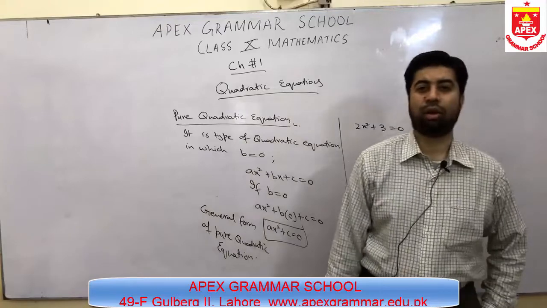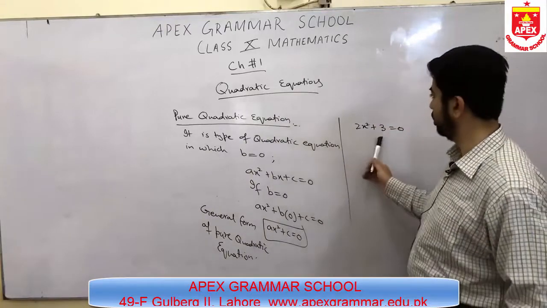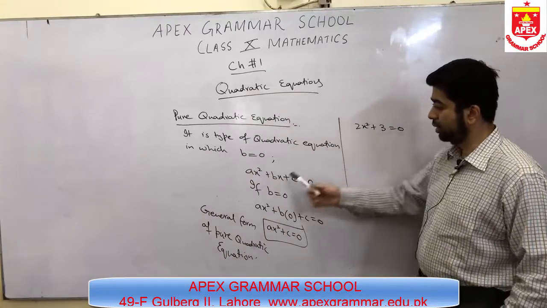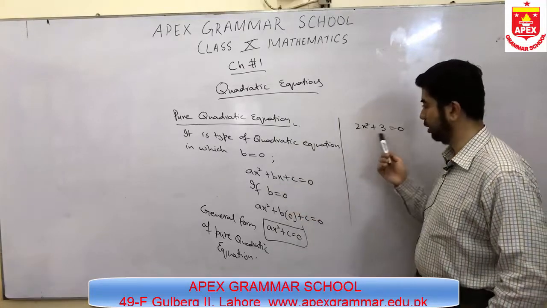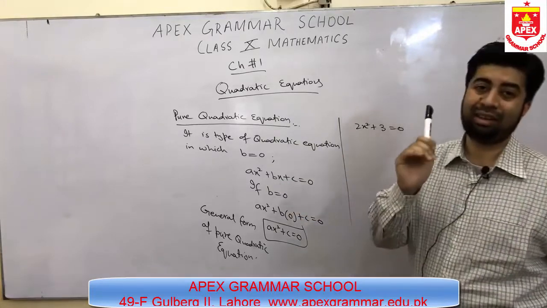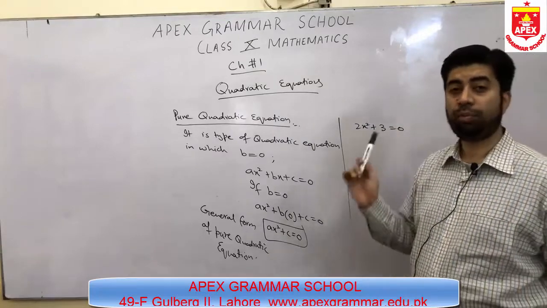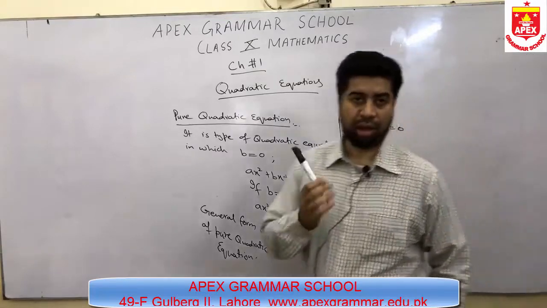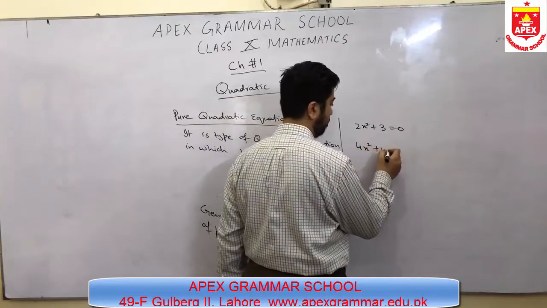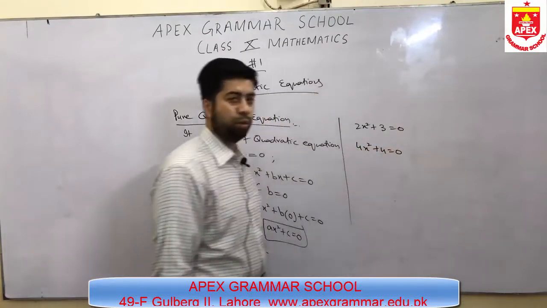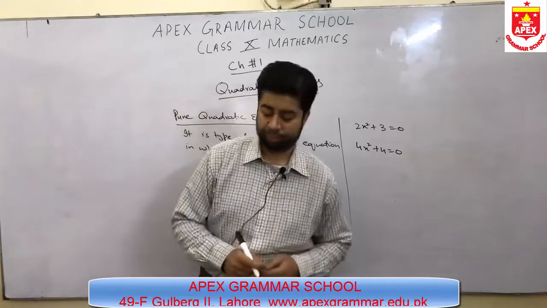Yes, it is a quadratic equation, but you can see that the x raised power 1 part is missing here. So this is a quadratic equation in its pure form. Another example, this is also a pure quadratic equation, and so on.